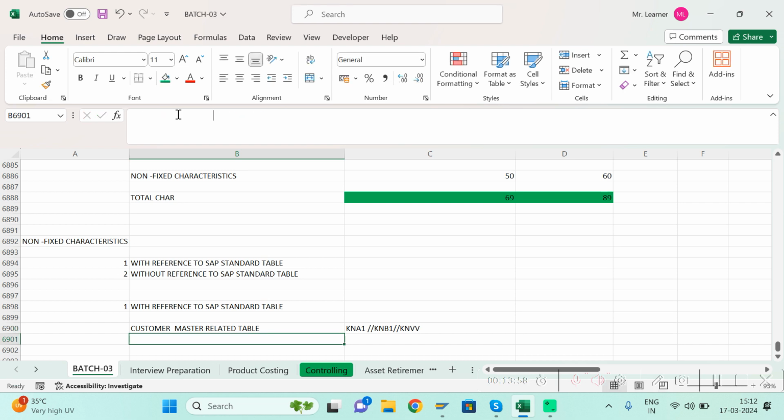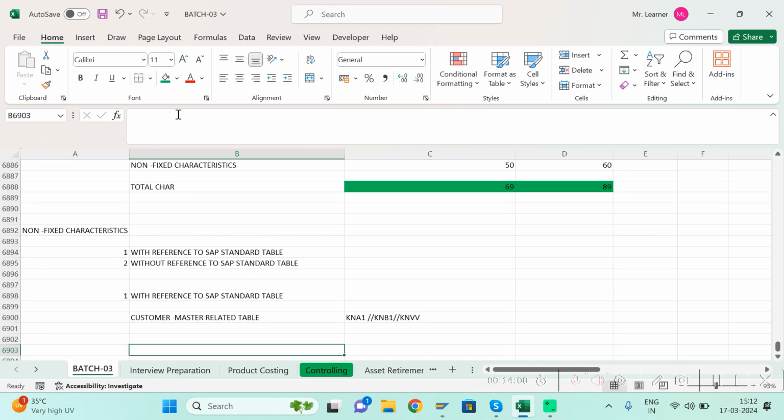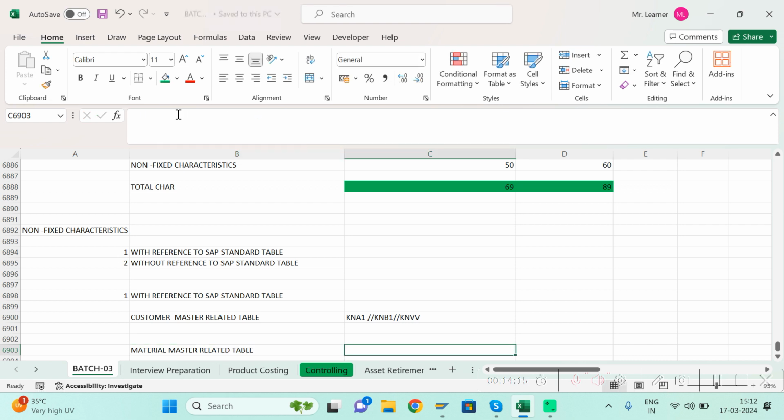Then another, material master. For material master, you can use MARA.